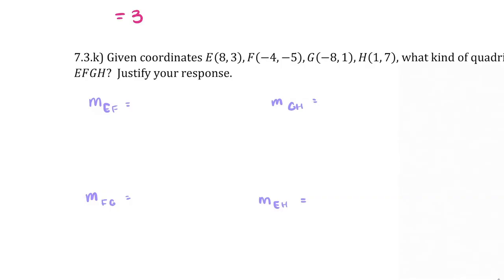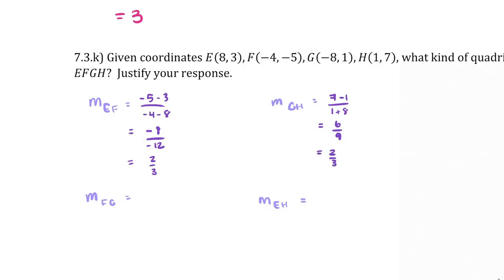Hopefully you paused, and hopefully you found all them slopes. And if you did, you should have found the following. You get negative 8 over negative 12, but both of those reduce, and then the negatives cancel, you just get 2/3. And over here, you get 7 minus 1 over 1 plus 8, which gives you 6 over 9.